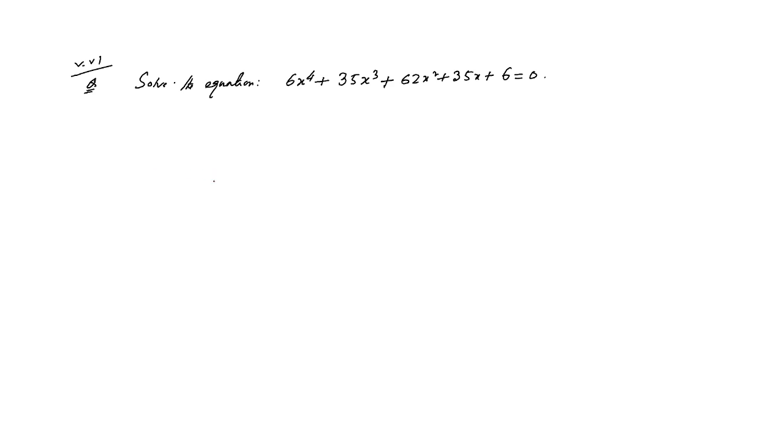So obviously this equation is of degree 4. It is an even number and it is of first type. So it is basically standard form. So first you will write the given equation: 6x to the power 4 plus 35x cube plus 62x square plus 35x plus 6 equals to 0.